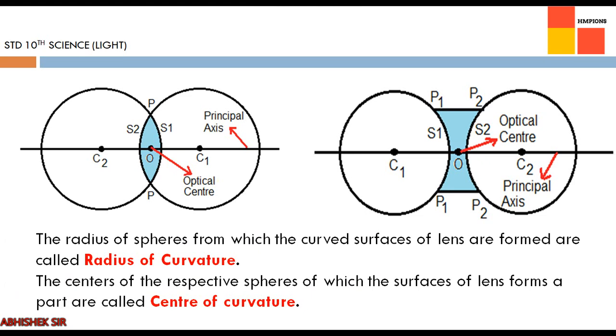What is the radius of curvature of these lenses? It is the radius of the spheres from which the curved surfaces of the lenses are formed. What is the center of curvature? It is the center of the sphere of which the surface of the lens forms a part. So based on these imaginary spheres, we are defining the radius of curvature and center of curvature of a lens.